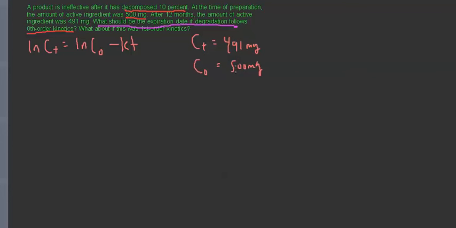We get from 500 to 491 milligrams after 12 months, and we're missing K. So let's plug it in. We have ln of CT, 491, equals ln of CO, 500, minus K, and then T is 12 months, right?